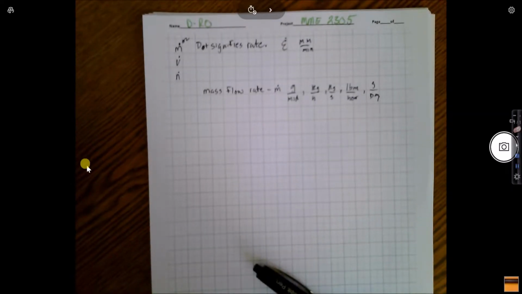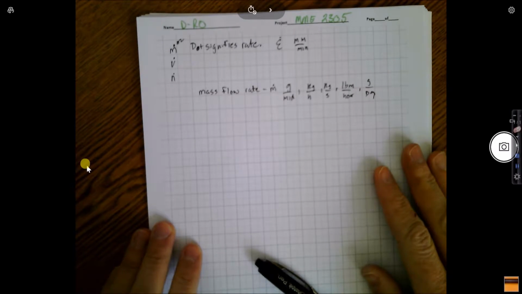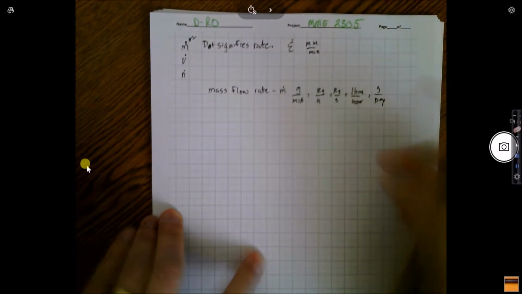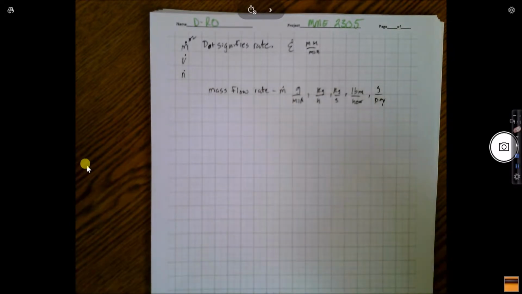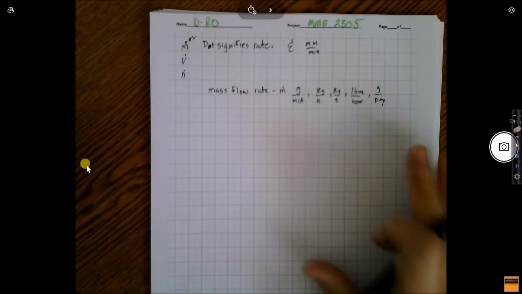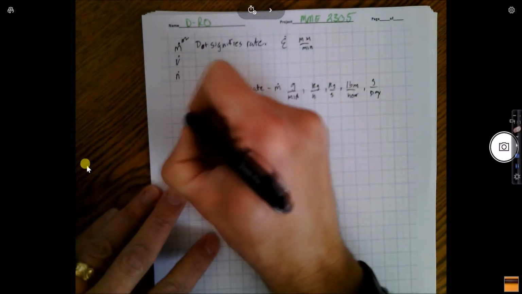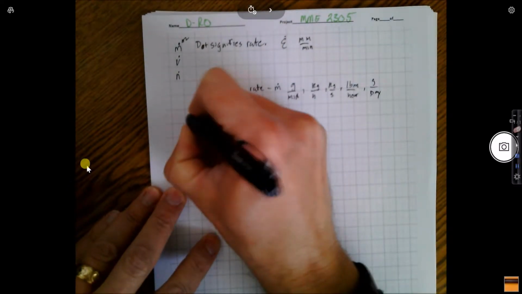Let me adjust the camera a tad because it's not showing us what we want. Okay, so mass flow rate. Let's take an example of a time that we would be messing with mass flow rate. Maybe titanium dioxide would be a good example.